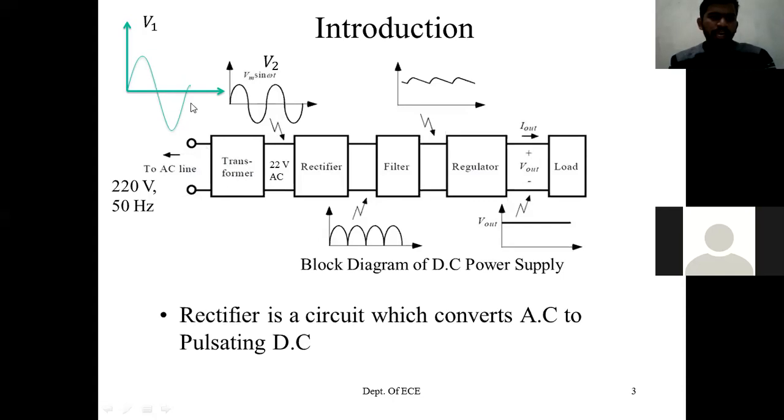As we are using a step down transformer, 220 volts 50 hertz will be converted to 22 volts 50 hertz. The output of the step down transformer is 22 volts AC, and this will be applied as input to the rectifier.